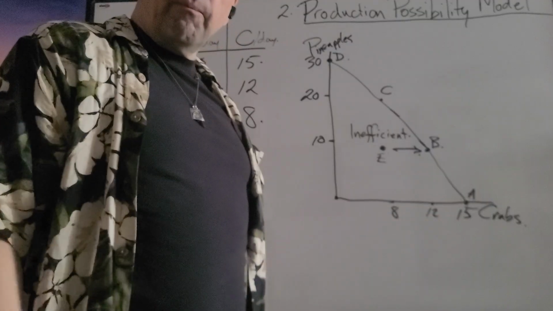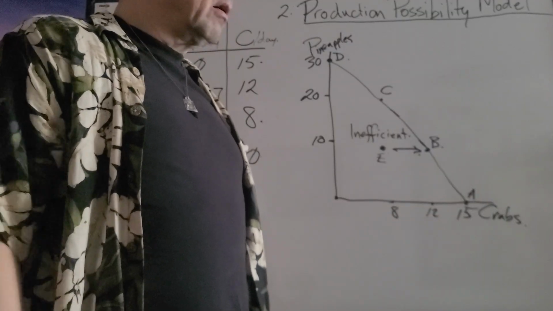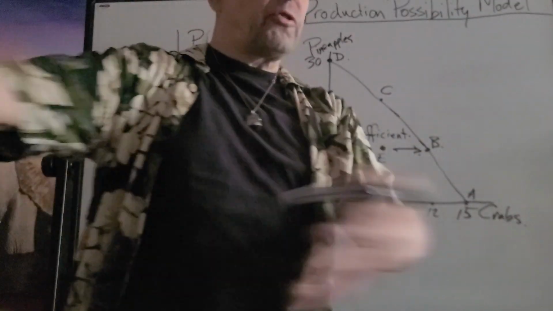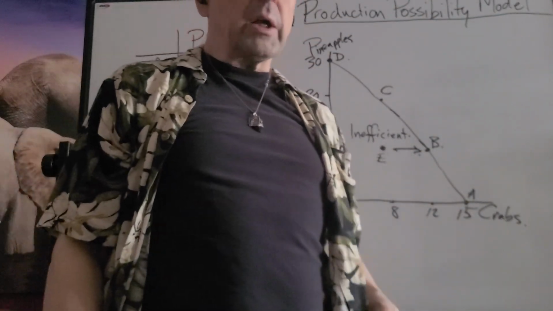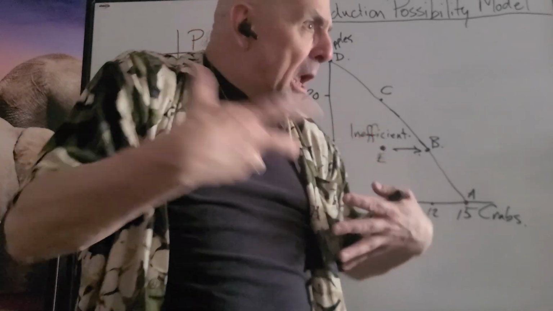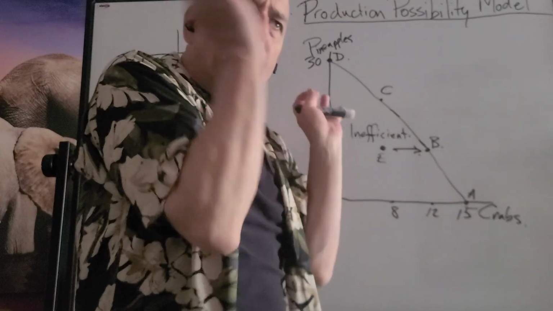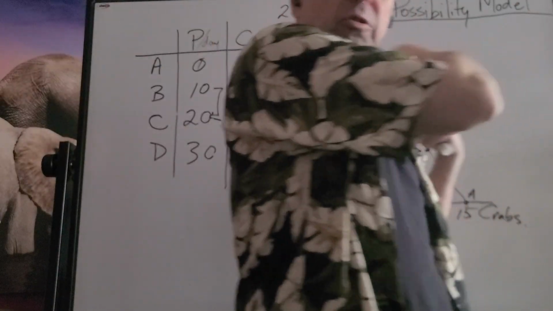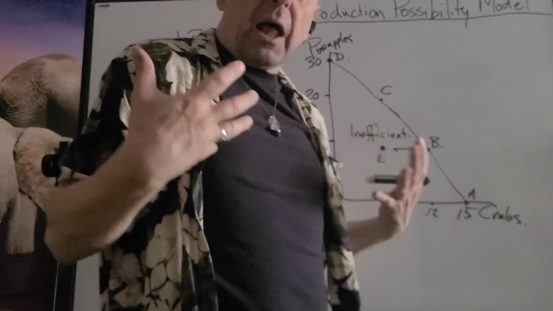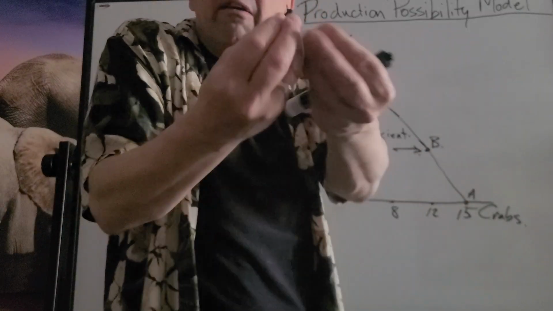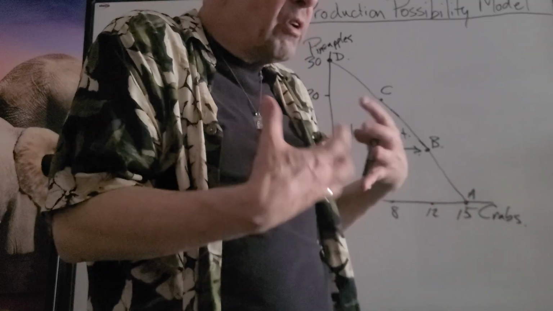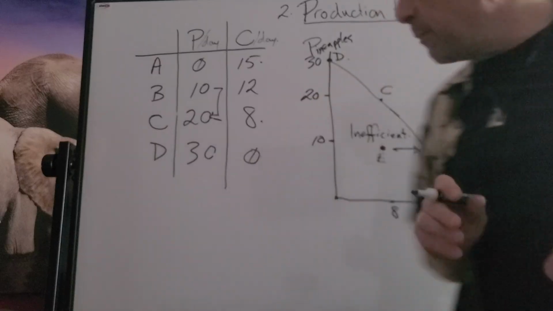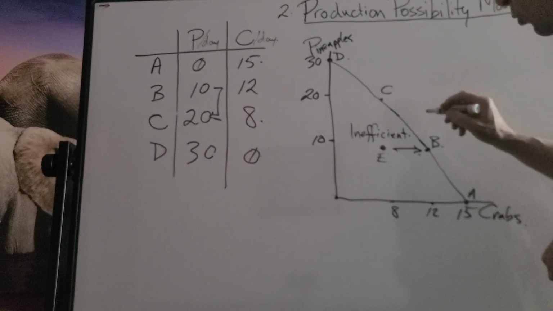But what would happen if, I don't know, all of a sudden I got a bigger net and I was suddenly able to scoop up all the crabs on the beach very quickly, or I learned that they sort of come up onto the beach at 5 o'clock in the morning just before the sun comes up, and I'm able to go out with my big new net and scoop them up really quickly, and I'm able to get a lot more. I improve my technology, my technological resources. There's something that happens that improves the efficiency of my labor, the efficiency of my use of resources.